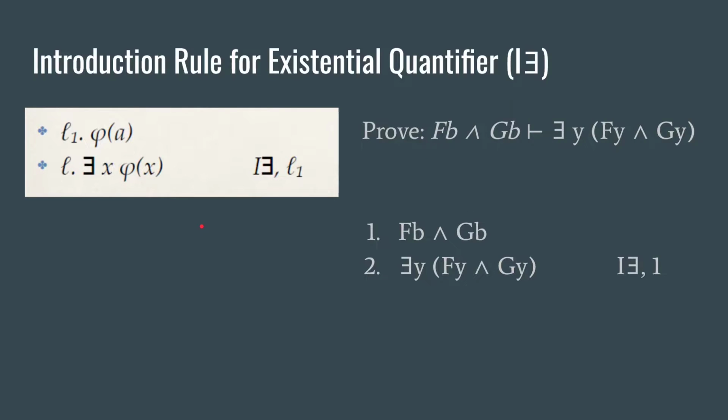Here's an example of the existential generalization, or introduction of the existential quantifier, in action. We can reason from Fb and Gb to there is y such that Fy and Gy. So a statement like this, Fb and Gb, is saying something like LeBron is a basketball player and LeBron is tall.